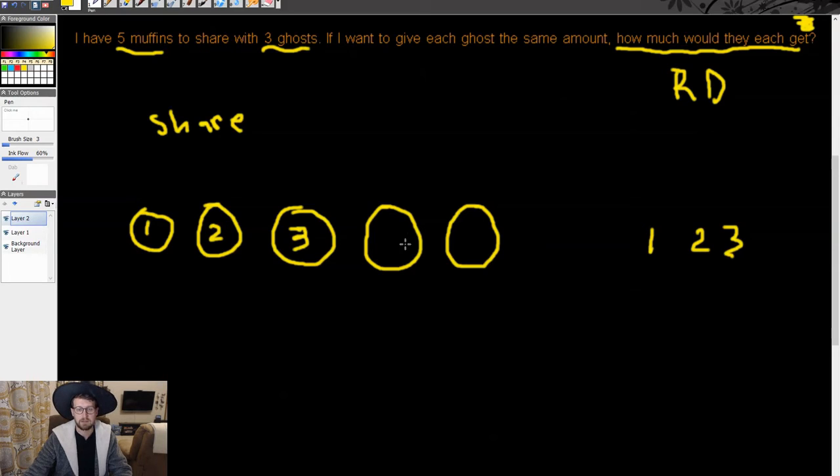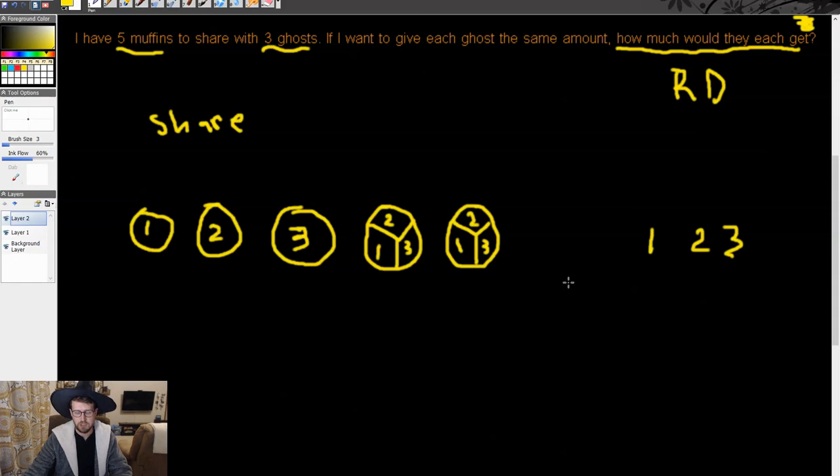If I only had 1, I would cut it into 3 pieces, right? Ghost number 1 would get this piece, ghost number 2 would get this piece, and ghost number 3 would get this piece. But since I have 2 of them, I'm going to do the same thing here. I'm going to cut this one also into 3 separate pieces.